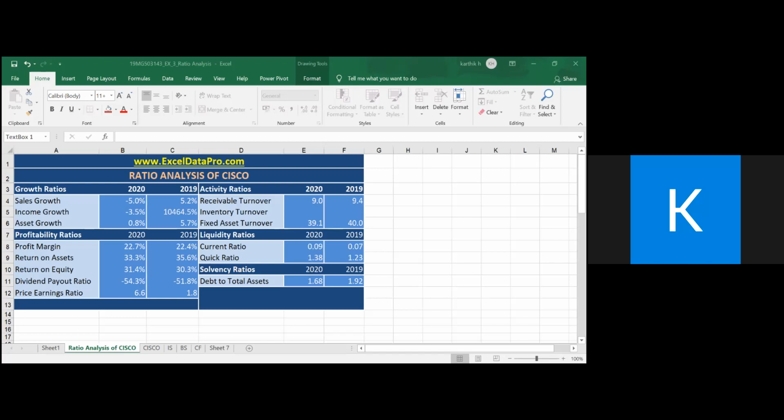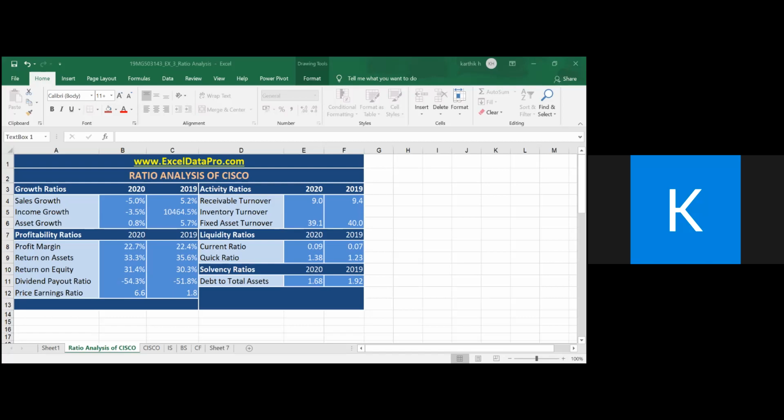Return on asset shows the percentage of profit a company earns in relation to its overall resources, but the ROA also decreased due to the decrease in sales. Return on equity increased from 30.3 to 31.4%. Dividend payout ratio is showing a negative value, -54.3 in 2020 and -50.8 in 2019. Price earnings ratio also increased because there is an increase in the share price of the company.